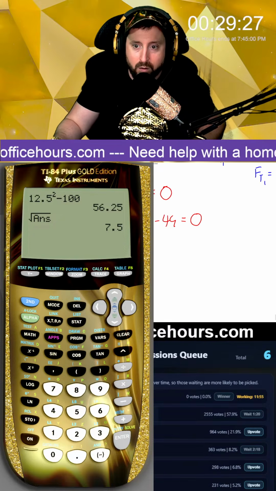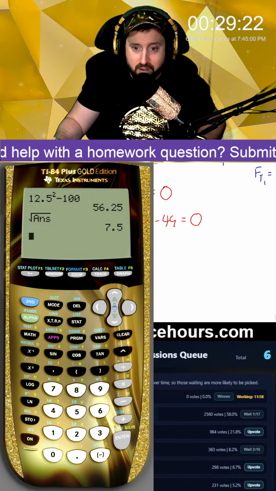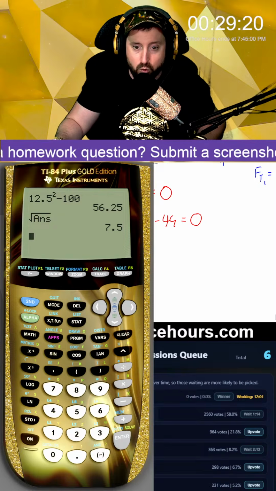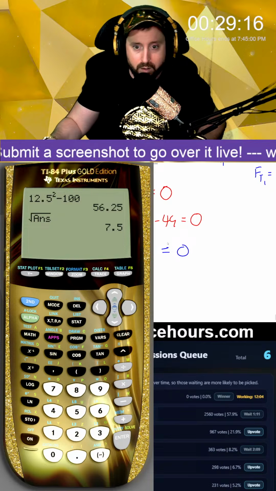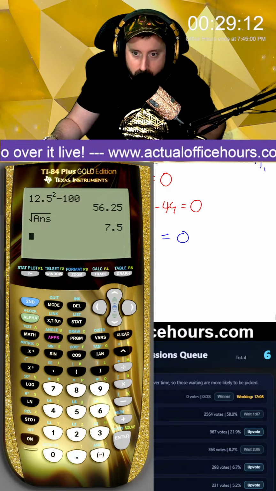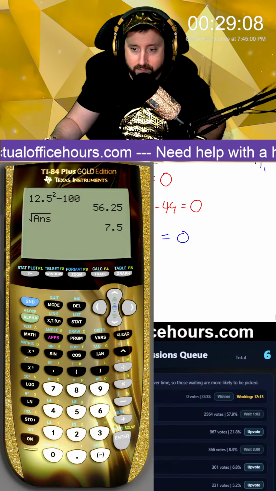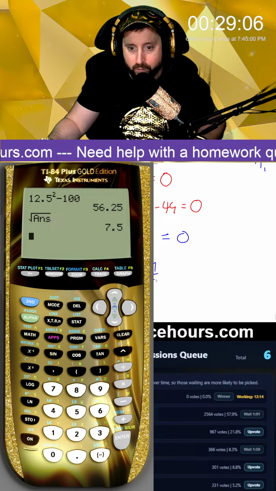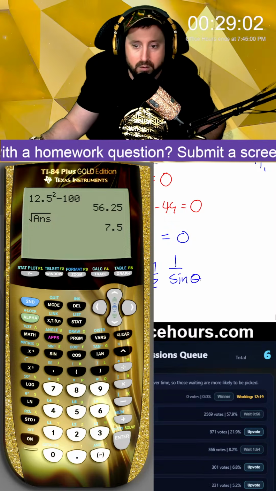So now, these are all the same, right? So now this is just ft sine theta times 2, because this thing is the exact same as this thing. So then I move it over, and I get ft is equal to 49 over 2, 1 over the sine of theta.